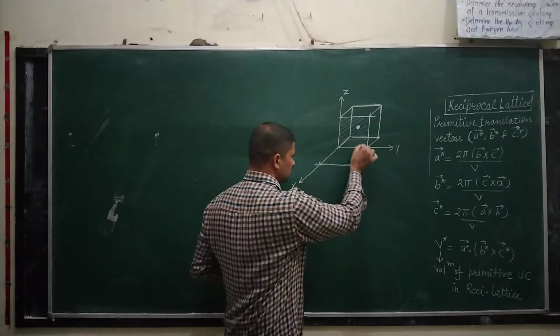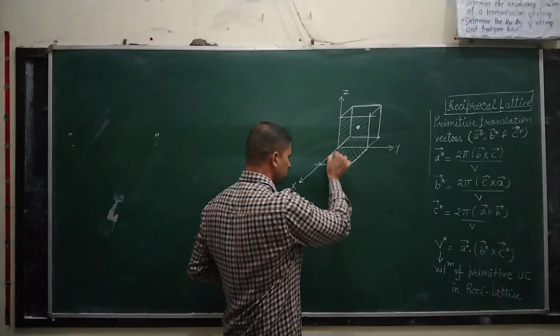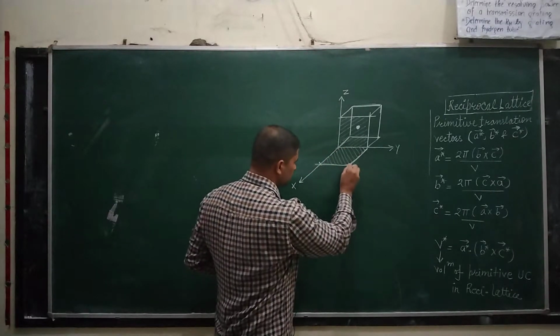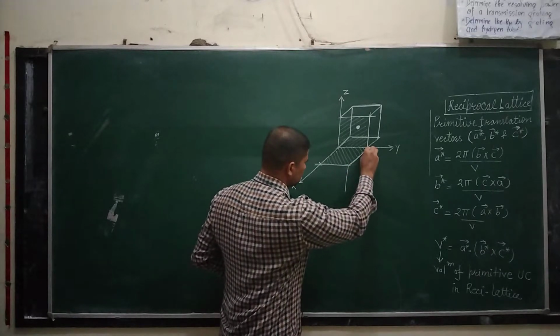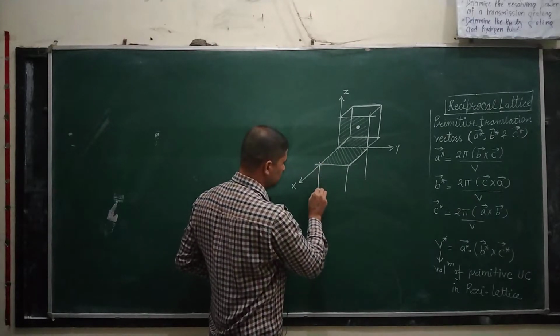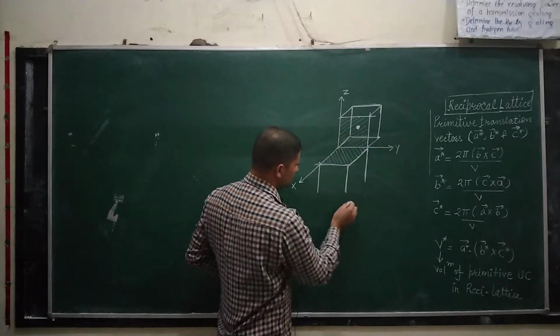So I am talking of this face, and I will make a cube below this face. Okay, so it will be like this. Here you can make it very easily if the whole picture is clear in your mind.